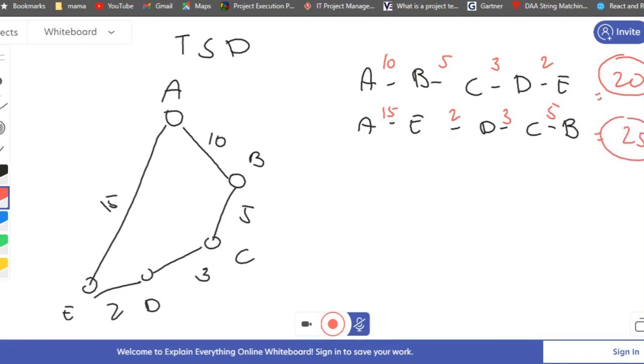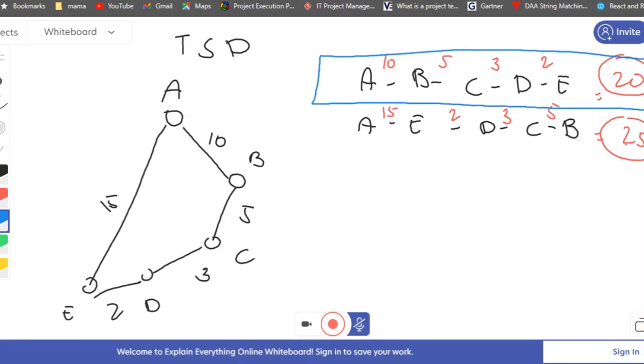So, ano ba yung mas maikling distance? 20 ba or 25? So, ito yung pinaka shortest distance na pwedeng ikutan ng salesman using the traveling salesman problem.